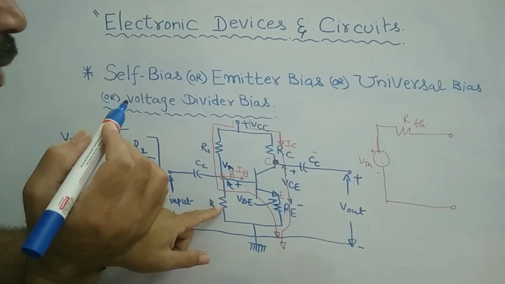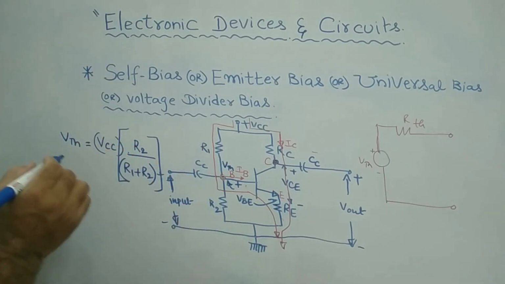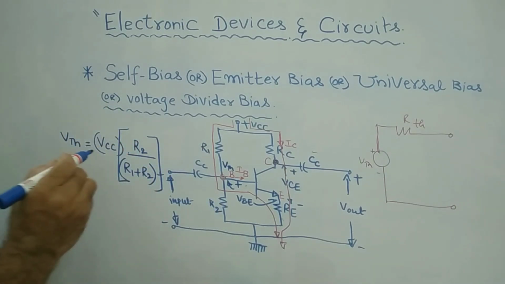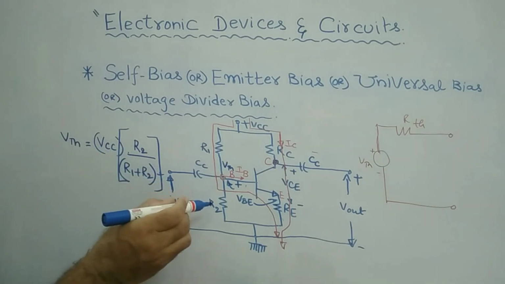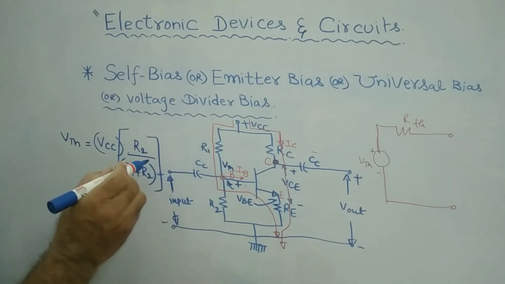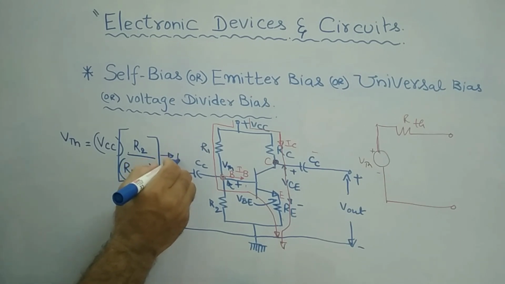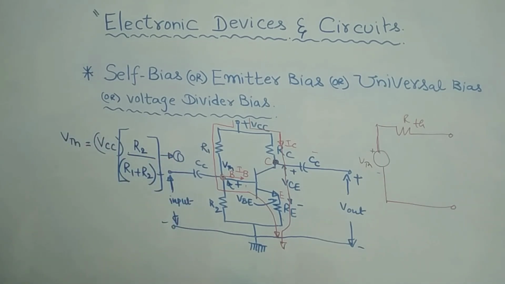Therefore, R2 by R1 plus R2. So this is my V Thevenin: VCC into R2 by R1 plus R2. Let us call it equation number 1. That is my Thevenin's voltage.